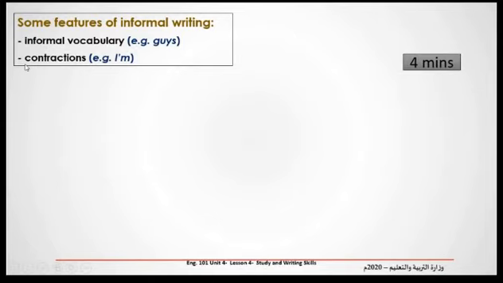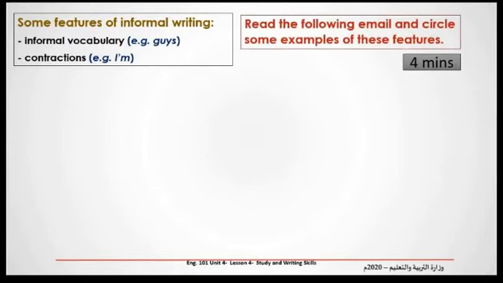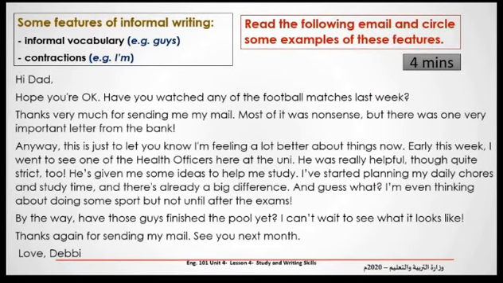The second feature is the use of contractions, for example, I'm. Now, read the following email again and circle some examples of these features. You've got 4 minutes to try to find out these informal vocabulary and contractions.